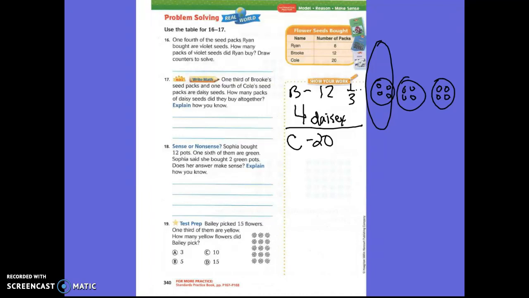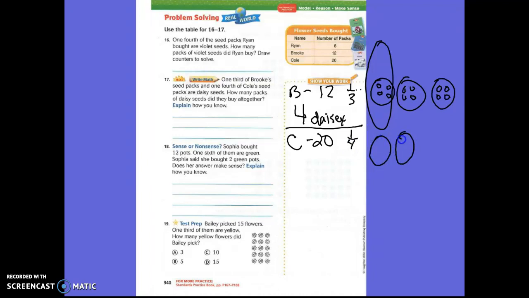Carter, what fraction of Cole's were daisies? 1/4. So what does that mean I'm going to do, Jacob? Draw 4 to get to 20.